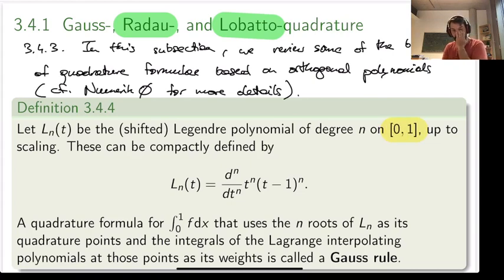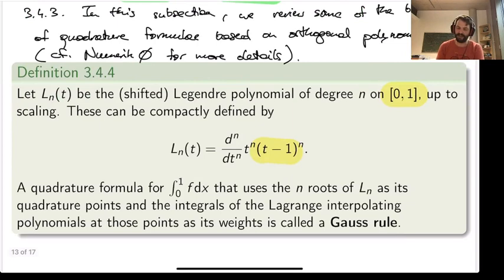But for these quadrature rules, for these Runge-Kutta methods, we really need to go on to the interval [0, 1]. So we shift, and we do this by subtracting a 1 here.